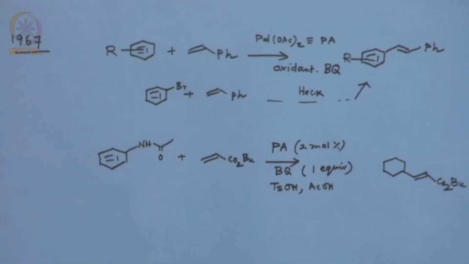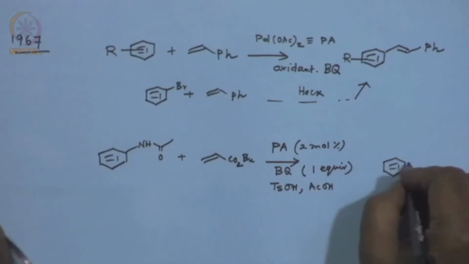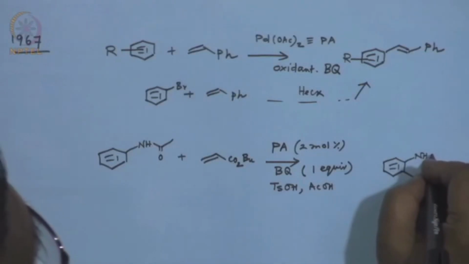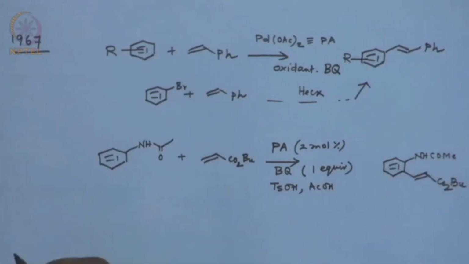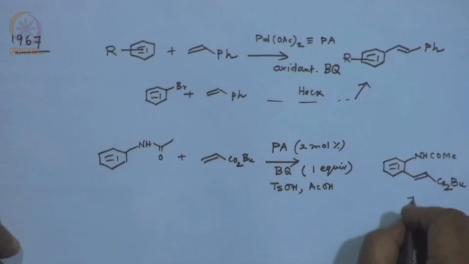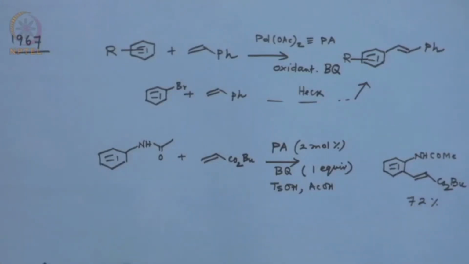A benzene ring is being alkenylated, and the other portion remains as it is. This is a single product, and the yield is 75%, 72%.